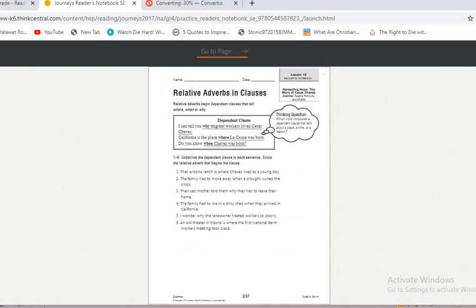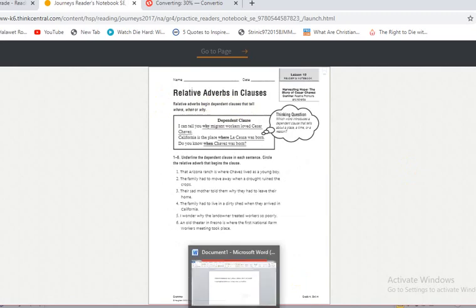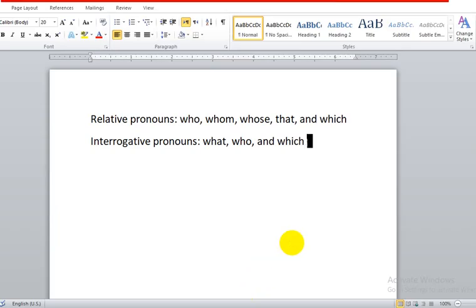Next, we're going to talk about relative adverbs and clauses. Okay. So here, relative adverbs begin dependent clauses that tell where, when, or why. So we have here relative adverbs, right? And they tell us when, where, or why, right?